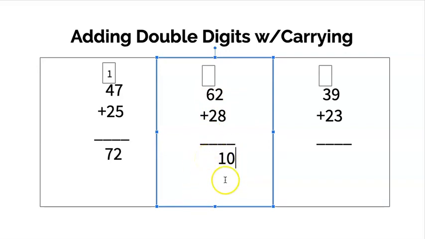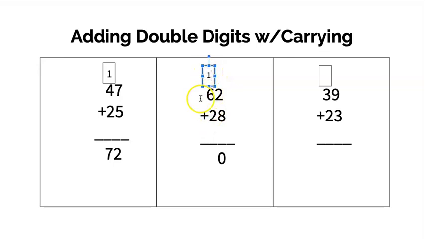No, because in 10, there's a 1 in the tens column and a 0 in the ones column. If we're only adding ones, we can only put our 0, the number that's in the ones place. We have to take this 1 that's in the tens place and carry it over to the tens column, if that makes sense.